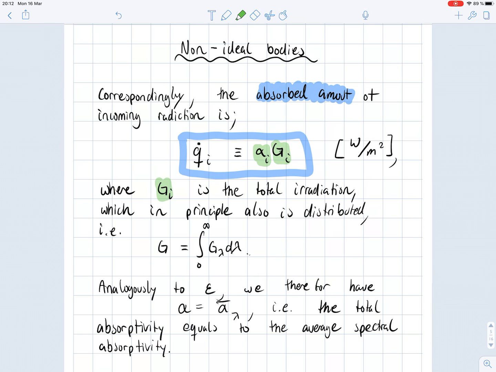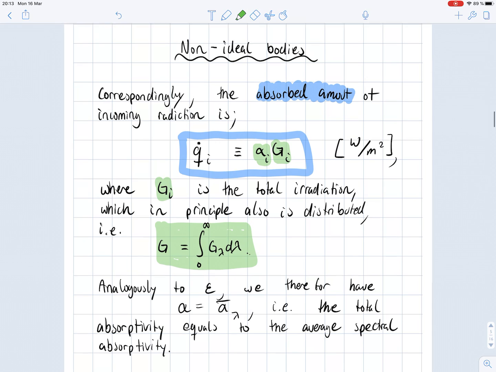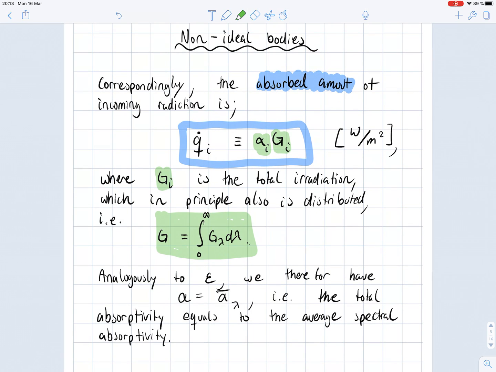This total incoming radiation is also in principle distributed over different wavelengths. So this one also should follow Planck's law. But we should note that this comes from external sources. Then, completely analogous to epsilon, we introduce an average absorptivity which equals the average spectral absorptivity.